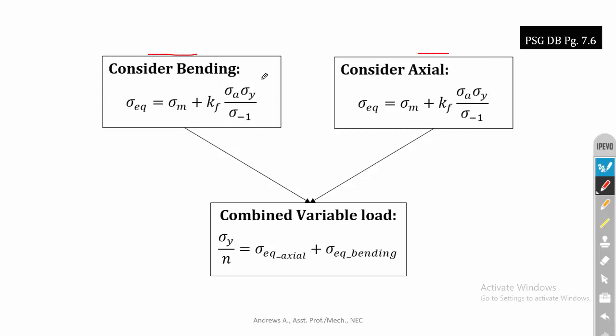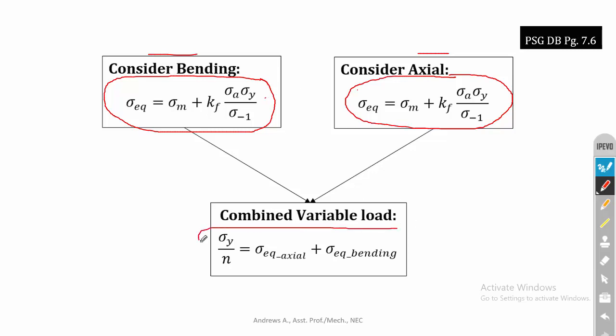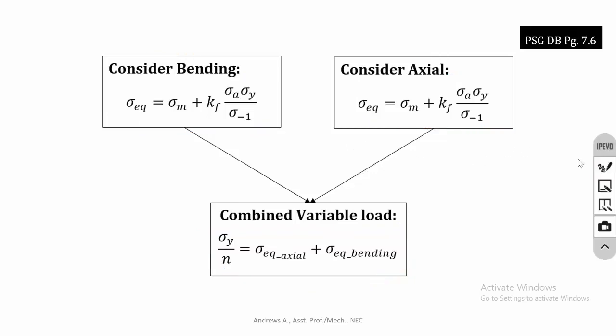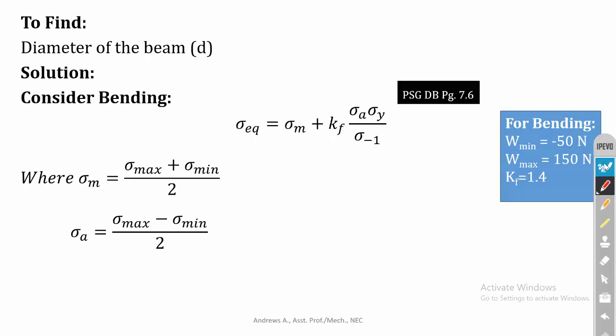First we have to calculate the equivalent stress for bending load and then the equivalent stress for axial load. Finally, after calculating the equivalent stresses for bending and axial, we can use the combined variable load equation to find the diameter of this given shaft. So we'll first consider the bending alone.